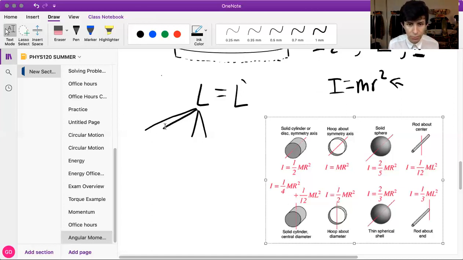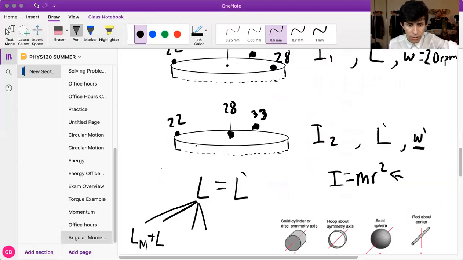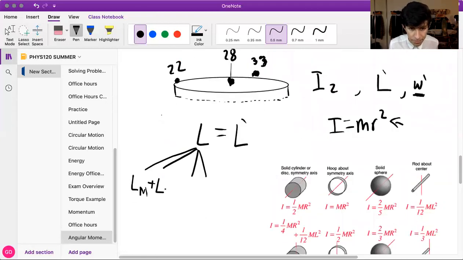Let's start writing. So we have 4. We have the angular momentum for, I'm going to put M for merry-go-round, plus we have the angular momentum for the person with 22 kilograms of matter, plus the angular momentum for the 28, plus angular momentum for the person with 33.